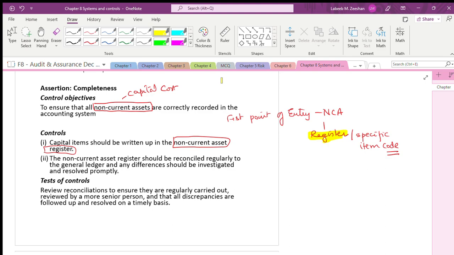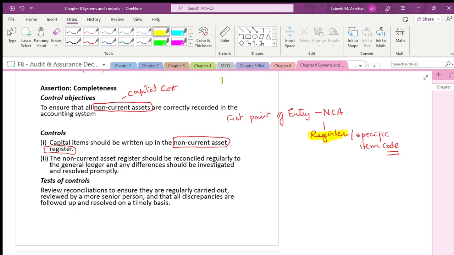The moment the non-current asset is received at the reception, they will have the register, and in that register they will record. That is the primary source of evidence. If it is there in the register, subsequently it will be there in the accounts.